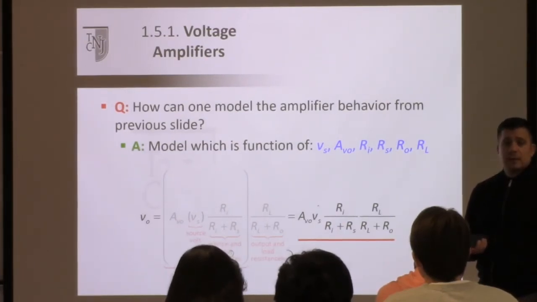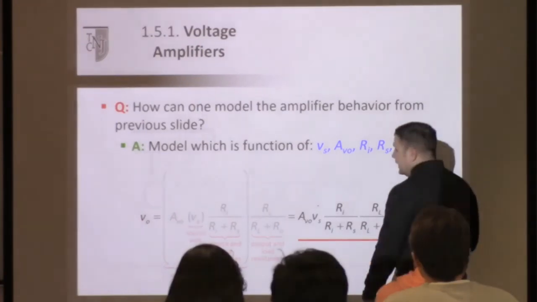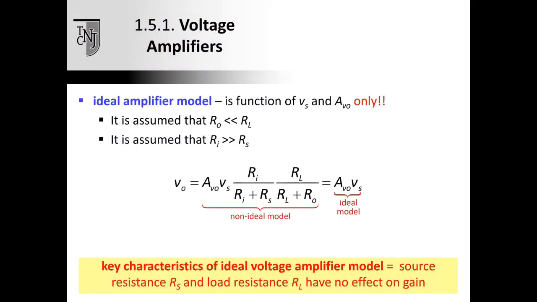headphones we plug in. So what we want to do is ideally we want Vout equal to a constant value times Vs. And so how do we do that? We need to make these two ratios equal to constants. So we talked already about the ideal values.